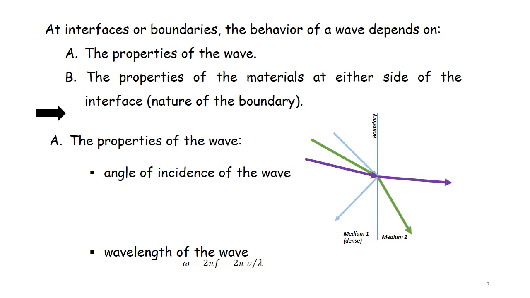For the angle of incidence, you could see the different wave fronts at different angles of incidence. You could see how they behave, though it is the same pair of media.